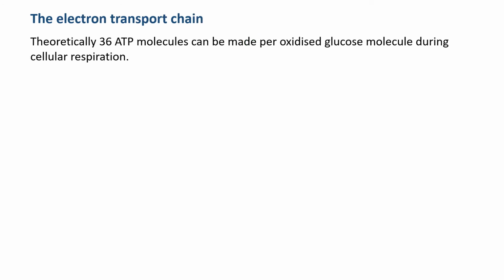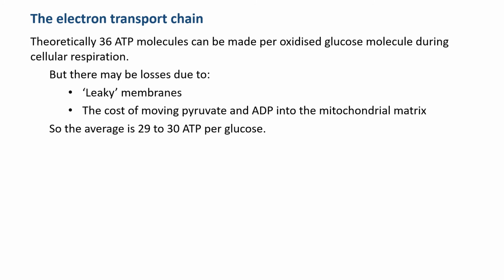Which brings us to the electron transport chain. So theoretically, and you will see different figures in different textbooks, 36 ATP molecules can be made per oxidized glucose molecule during cellular respiration. But that's not usually the case. There are often losses due to leaky membranes or the cost of moving pyruvate and ADP into the matrix.